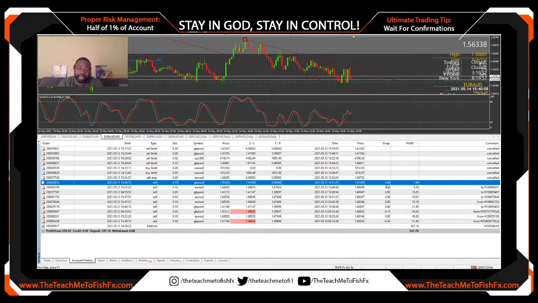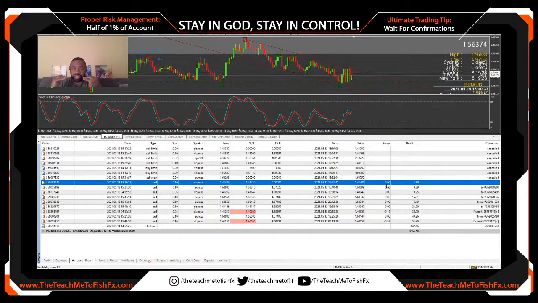When I say that, I recommend having at least $2,500 in your account, because I don't believe in over-leveraging. I like to get in at half of 1% of my account, so with $2,500 in your account, you can trade one standard lot comfortably.